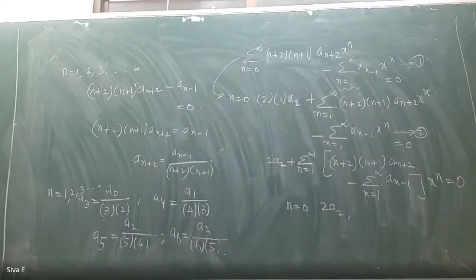But what is a3? a3 is a0 by 3 into 2. So we can write a6, a7, a8, etc.